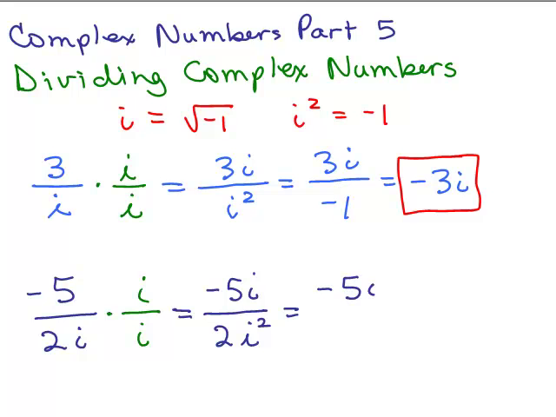Okay, so I have -5i. Now, what happens in the denominator? I have 2 times i squared. That's 2 times -1. I'm sure some of you don't need to write every single step out here. And then the last thing is, you've got a negative divided by a negative, so that's just 5i over 2.